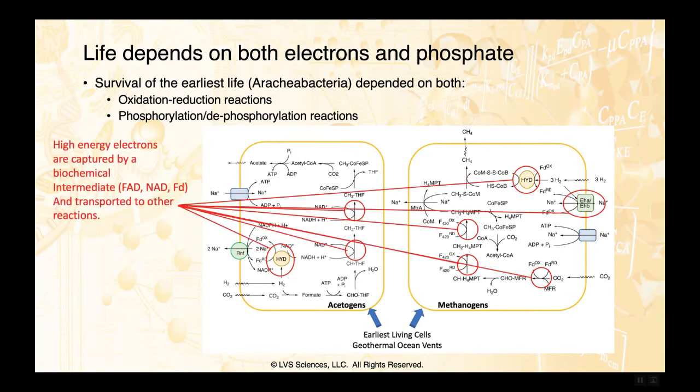And the general biochemical intermediates are things like flavin-adenine dinucleotide, nicotine-adenine dinucleotide, and ferredoxin. Those are the most common. There's some others like the plastiquinones that are used in photosynthesis.